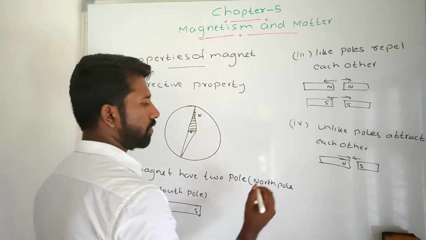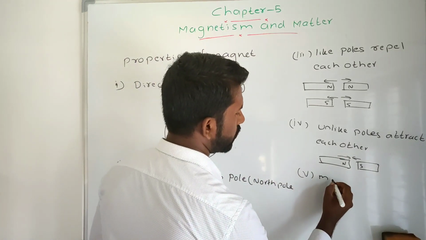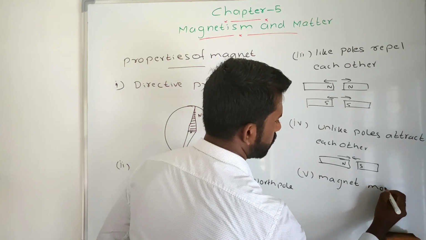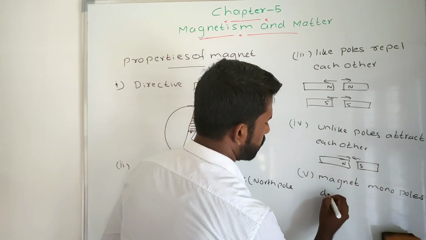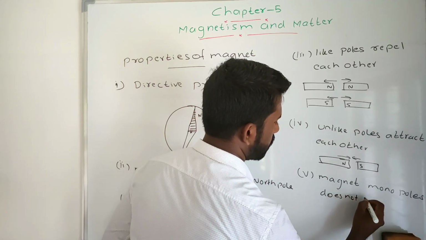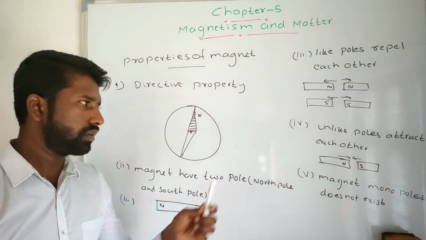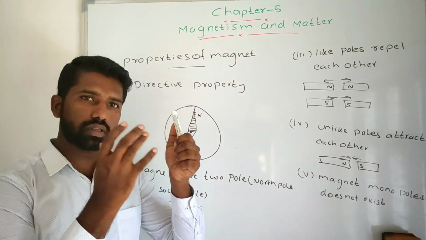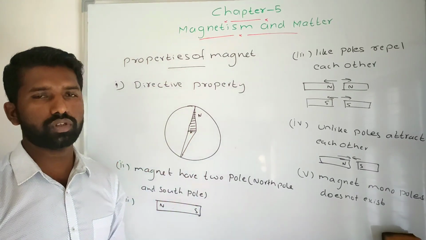Then the fifth property: magnetic monopoles do not exist. That means the north pole and south pole cannot be separated. North itself will not exist, south itself will not exist, they exist together.